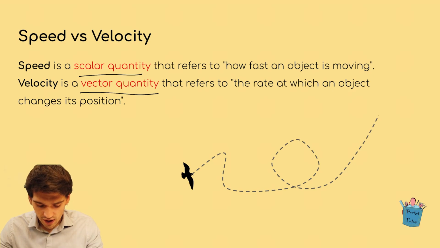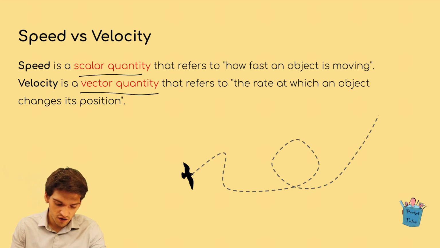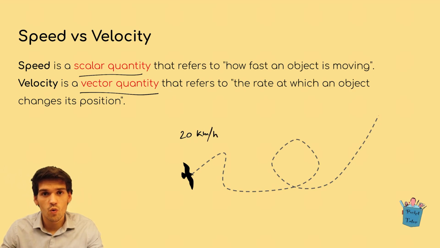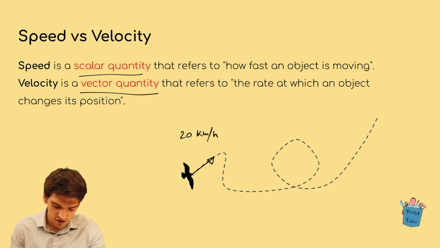What does it mean? Well, let's consider this bird here, and let's say that it is flying at a constant speed of 20 kilometers per hour. This means that its speed, this scalar quantity, is constant, but the velocity is continuously changing while it's moving. Let's say that it starts with this velocity, v, that is a vector quantity.